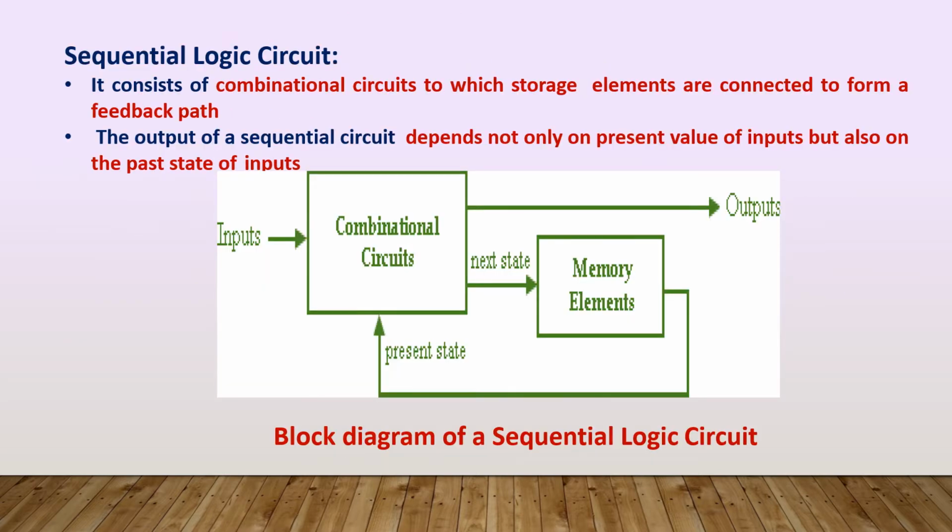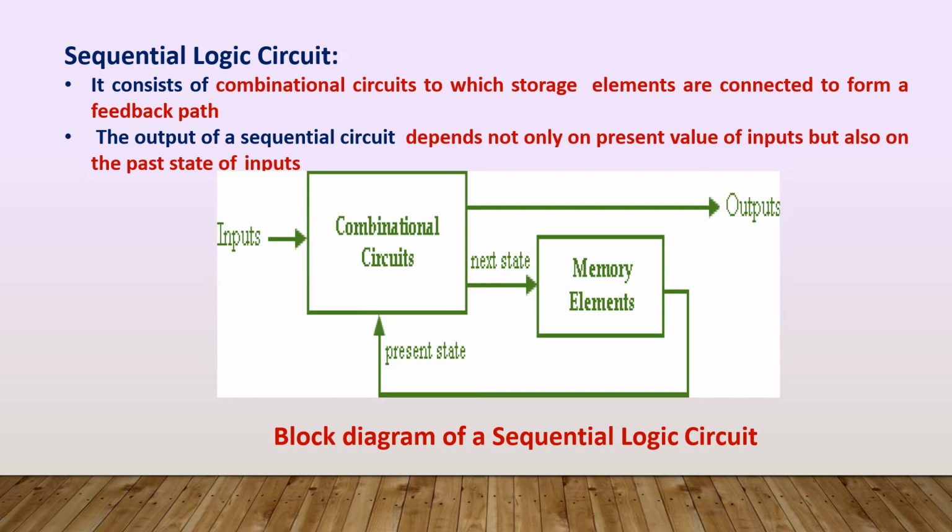Next is the sequential logic circuit. This is the block diagram of a sequential logic circuit. It consists of a combinational circuit along with memory elements. The memory elements are connected with the combinational circuit in the feedback path. One difference between a combinational circuit and a sequential circuit is that in a combinational circuit there is no memory element at all, but in a sequential circuit there is a memory element.